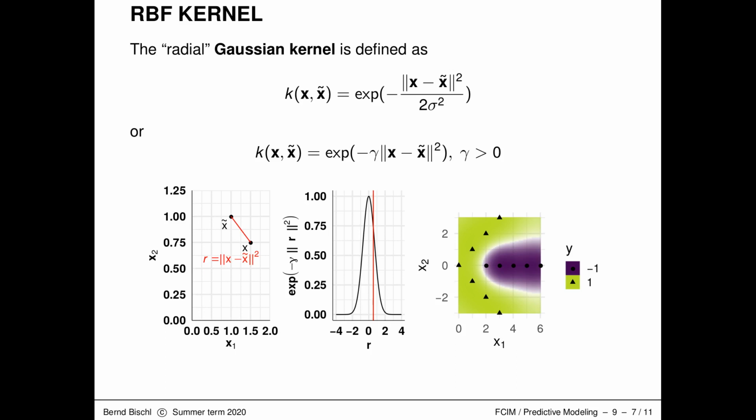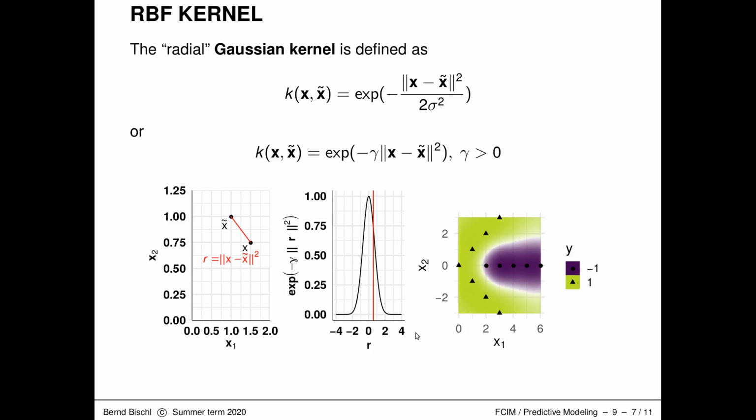And probably the most important kernel is called the radial basis function kernel, or also the Gaussian kernel, which looks like this. This basically looks like an isotropic Gaussian distribution without any normalizing constant in front of it. So this is basically such a bump function.